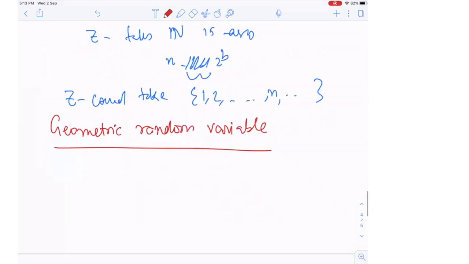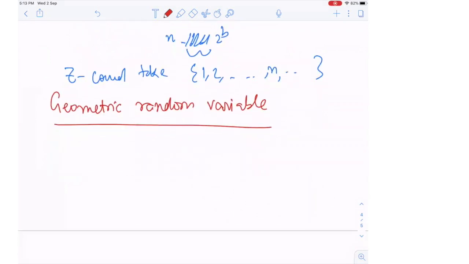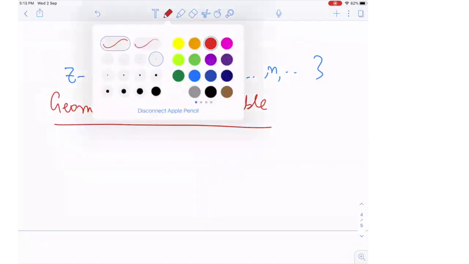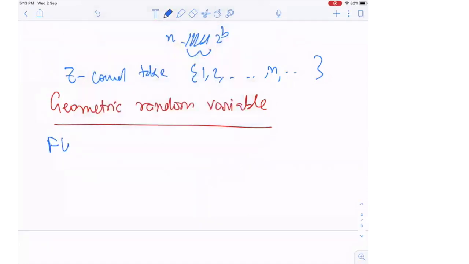These are called geometric random variables, and basically it is: flip a coin until it lands a head.